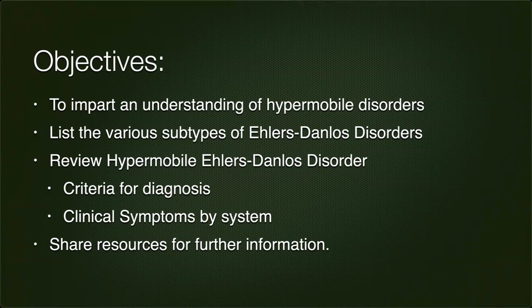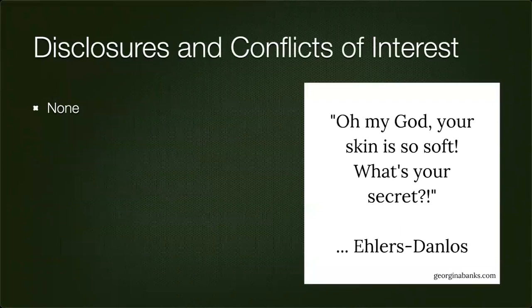We'll talk about the diagnoses and the symptoms, and most of it is focused on the symptoms, and the resources. These slides are a little old, so there are a few more, but they're pretty similar. I don't have any disclosures of interest.